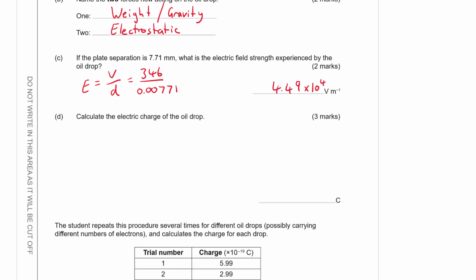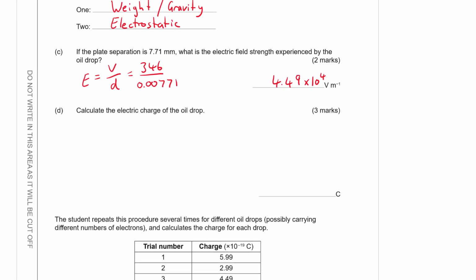And calculate the electric charge of the oil drop. So we're going to go back to that same formula. E equals F on Q, which is equal to V on D. If we rearrange that, we end up with Q equals FD on V. And we also know that in this particular instance, the electrostatic force must be equal to the gravitational force, which is equal to mg.